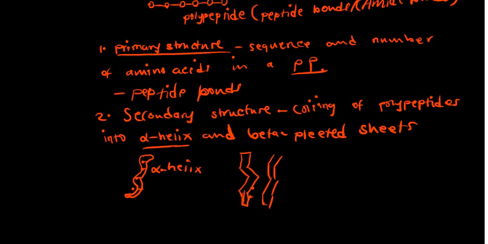So when you have hydrogen bonds, hydrogen bonds, this is what we are going to call beta pleated sheets. So hydrogen bonds are involved here.